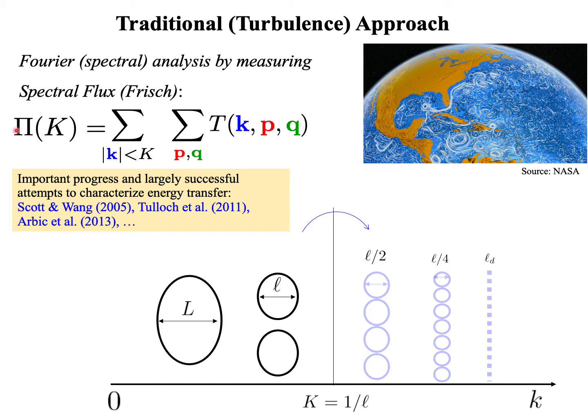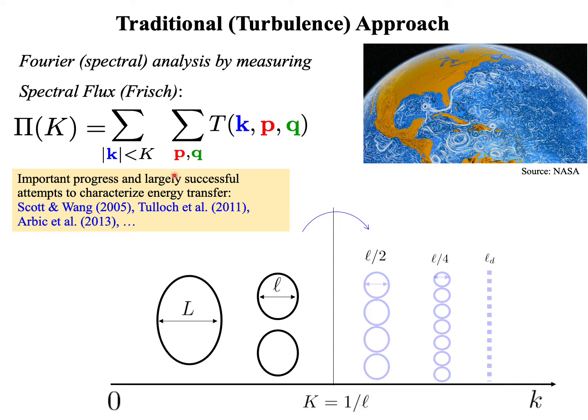Specifically, the quantity they were measuring is Pi of k. This tells you how much energy is being transferred from scales larger than this wave number k to smaller scales. K is a wave number, the inverse of length scale.